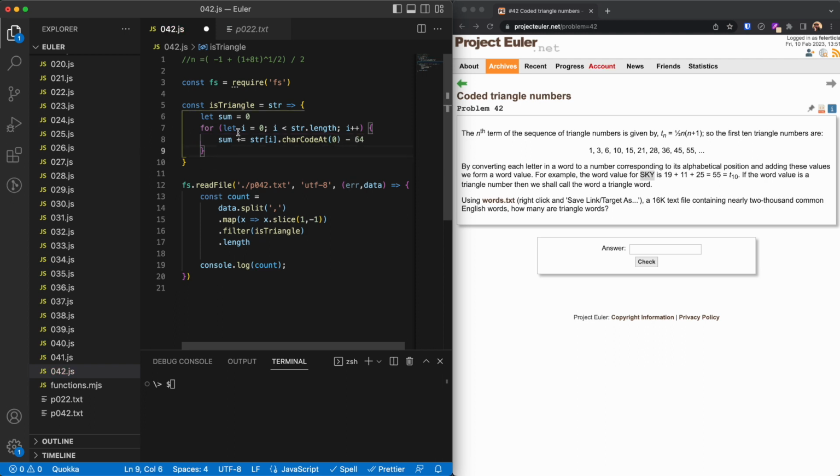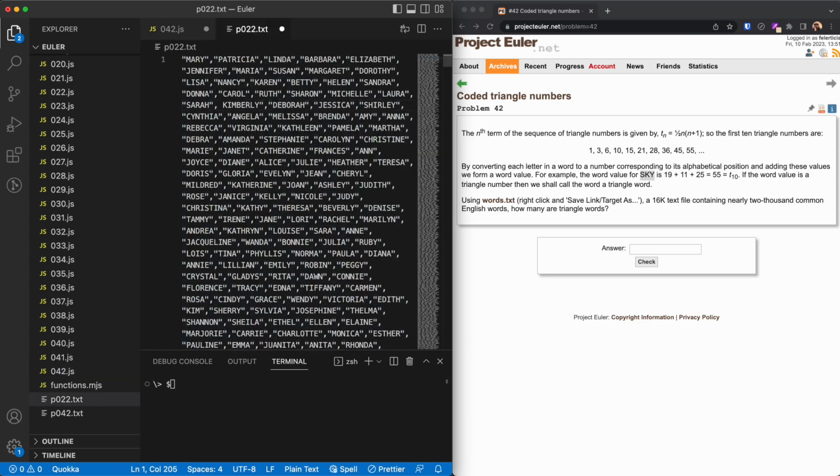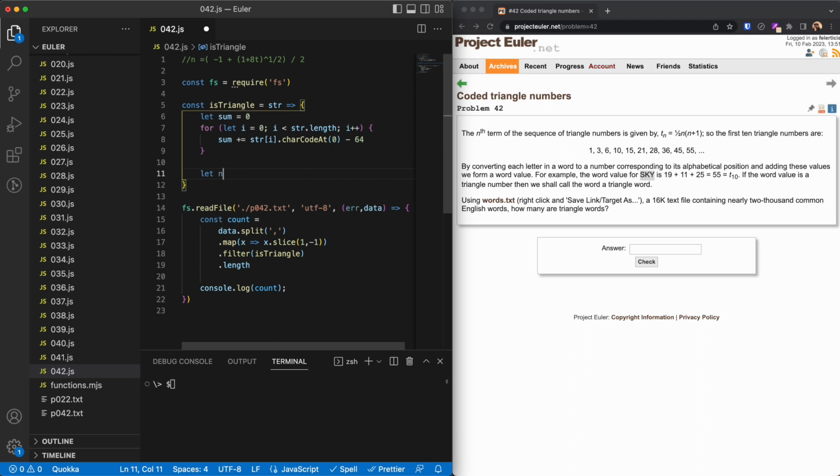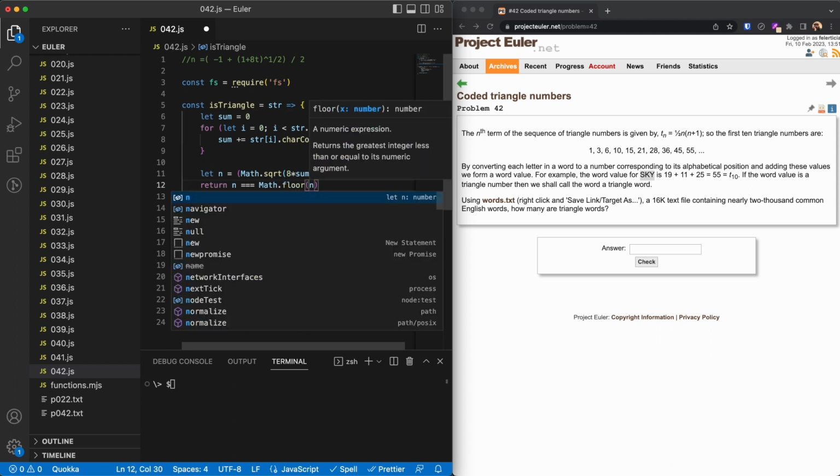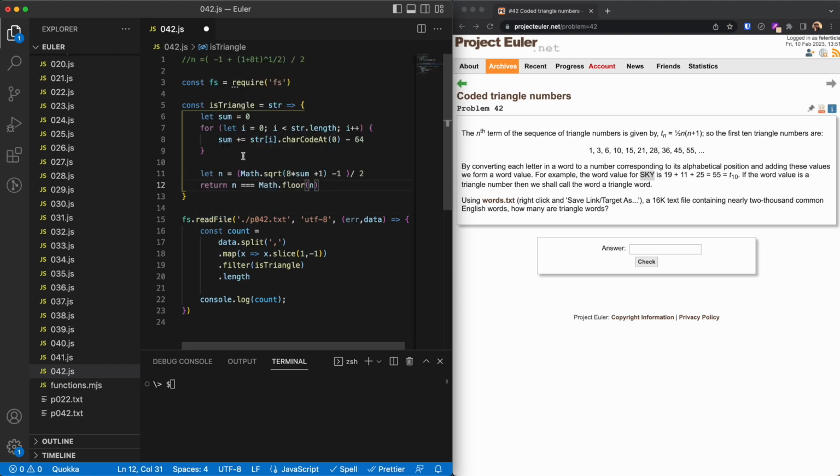So I have the sum. Now I need to use this number, and instead of t, I have the sum. Now I need to see if this number is a whole number or not. Like so. And if it's a whole number, I would get true, otherwise it's not a triangle number.